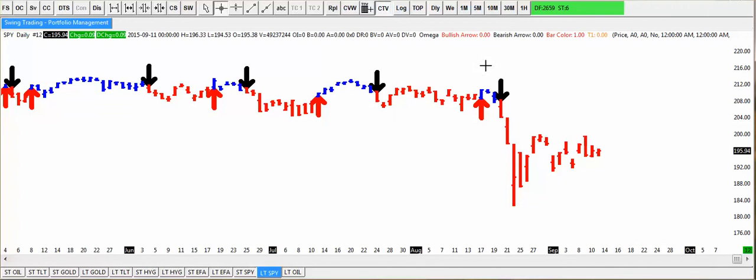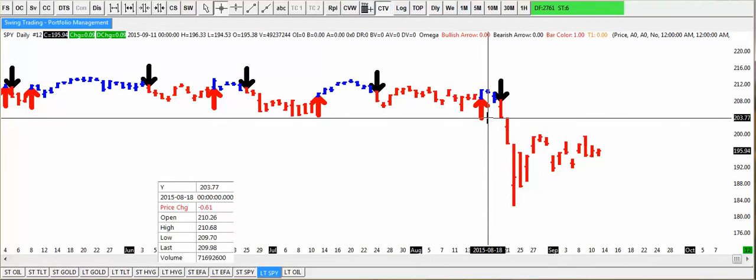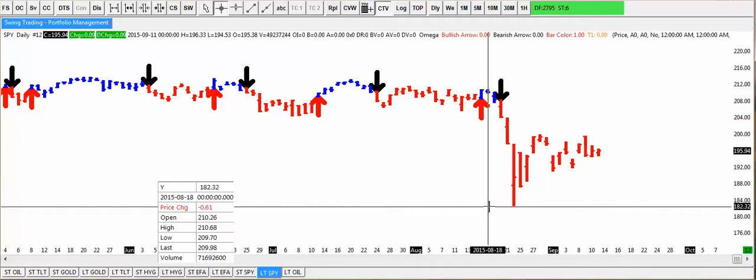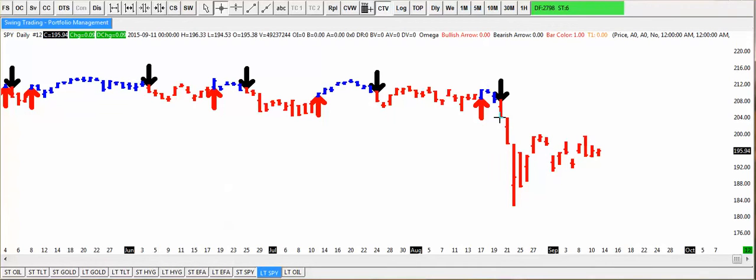But using the software, you could have caught this down move very easily because you had a sell signal, and then you would have just stayed in the sell signal until you had a blue bar. Anyone who got into a trade at 203 and came down, taking 20 points or more on S&P, would be very happy in the current market conditions of this year.